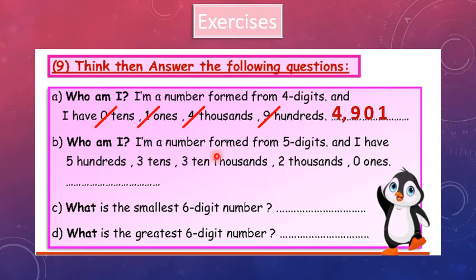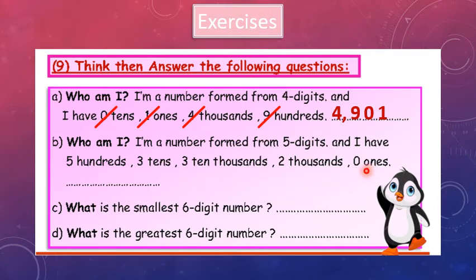Second one here, who am I? I am a number formed from 5 digits. Then the highest place value here is excellent, 10,000. And I have 5 in the hundreds place, 3 in the tens place, 3 in the ten thousands place, 2 in the thousands place, and 0 in the ones place.